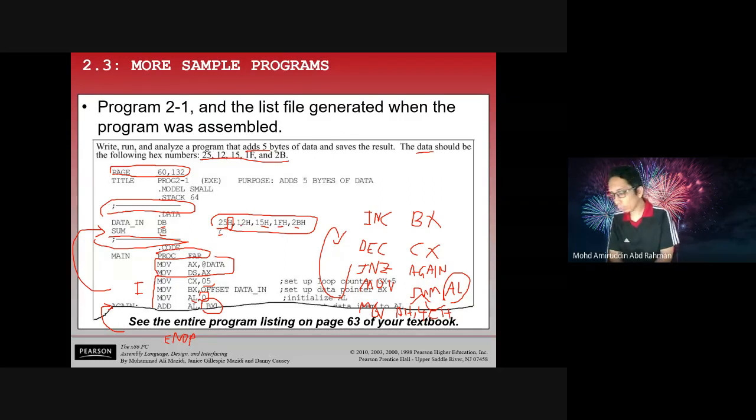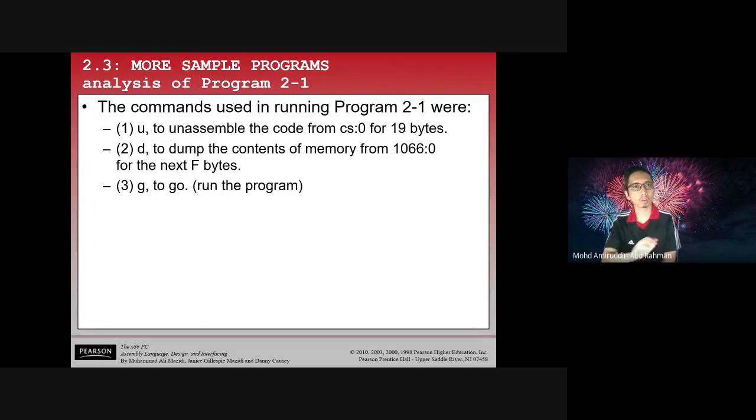We can also check this in the debug as well. So in the debug, we can put the command of U, we want to unassemble the code, and then D, we can dump the content.